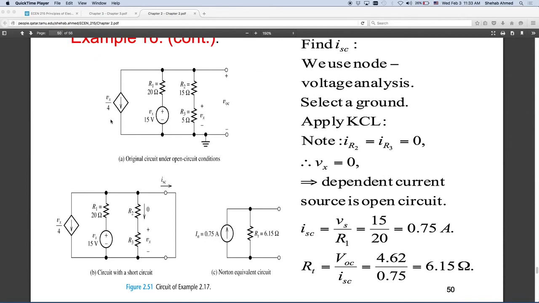Okay? That's what we have here on this slide. And remember, the polarity of the current is important, right? So current was flowing out of this voltage source into the short circuit. So that's why the Norton current is shown with an arrow to the top and a positive value, because the short circuit current that we found was in the same polarity as the Norton source that we have here.